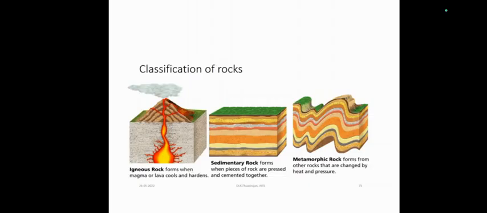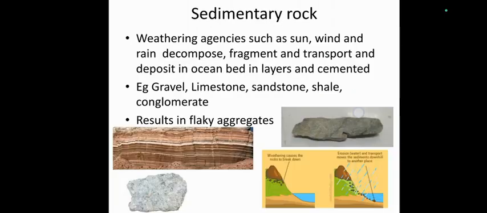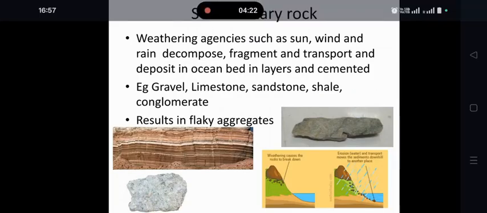Once it finally cools down, the rock has been formed. So it is formed by cooling down of hot molten magma. This one will have crystalline and glassy texture. It can be light in color or dark in color. Moreover, it is very hard and dense, and some of the materials are granite, basalt, and dolerite.